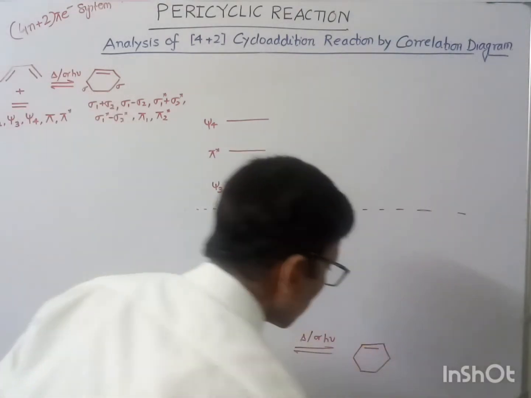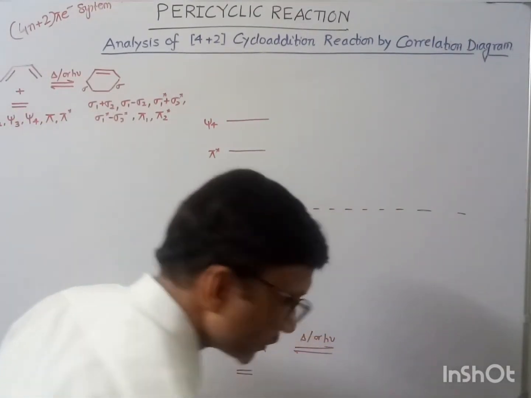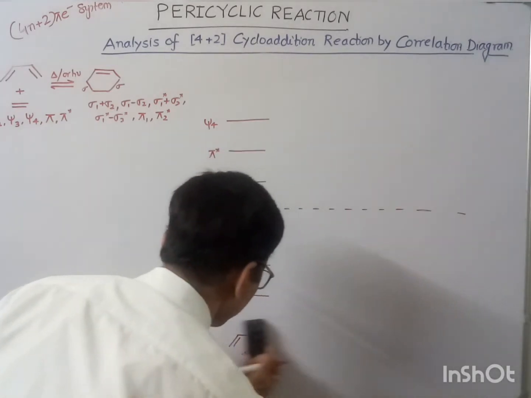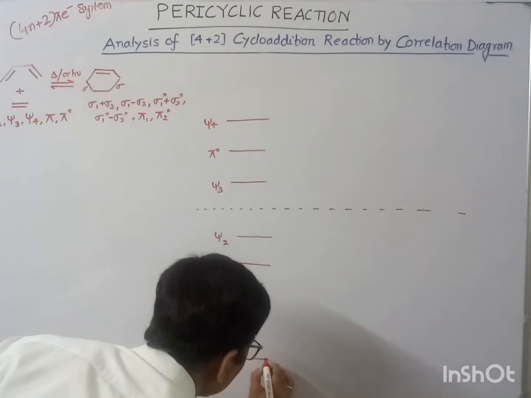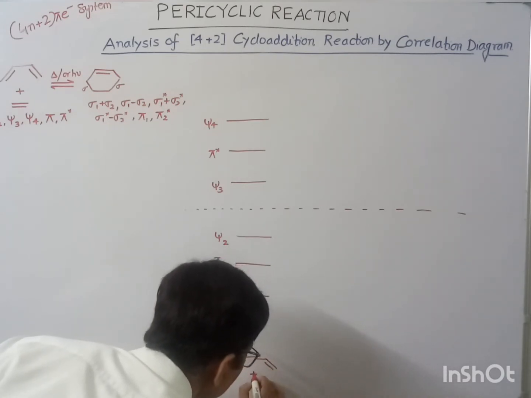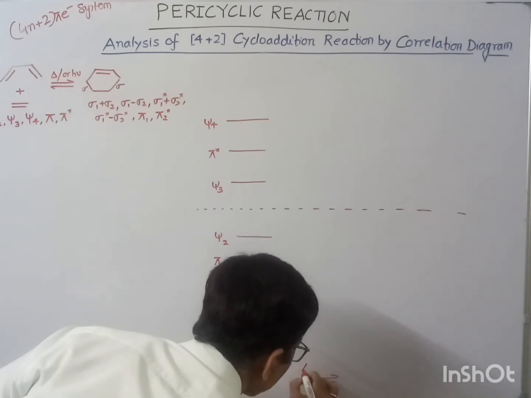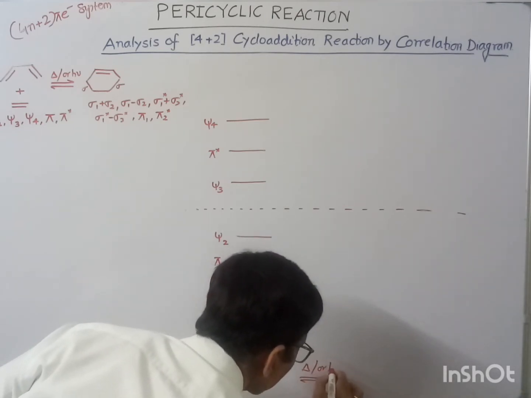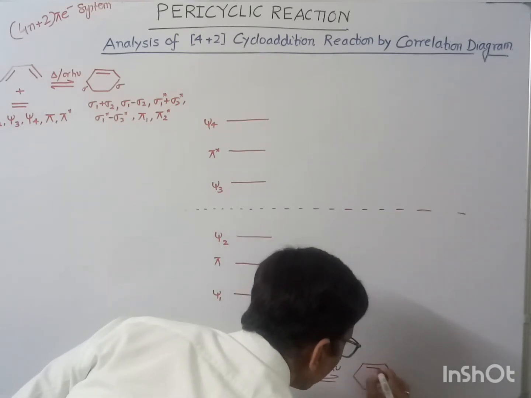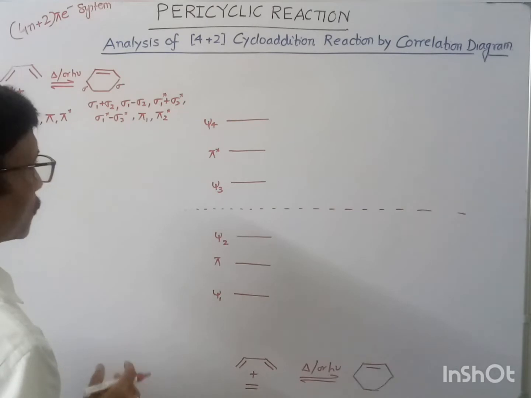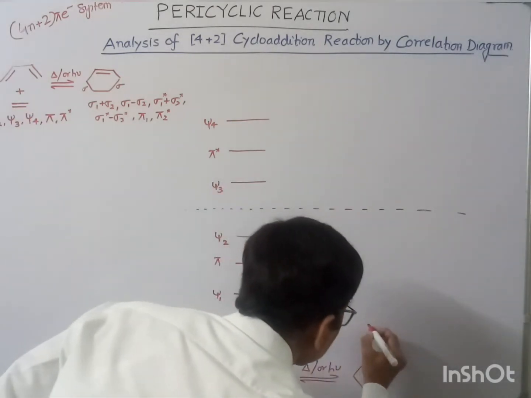Otherwise I should write it a little below. Suppose this is our butadiene system, this reacts with ethene system under either heat or photochemical condition. Now the product molecular orbitals should be written like this.